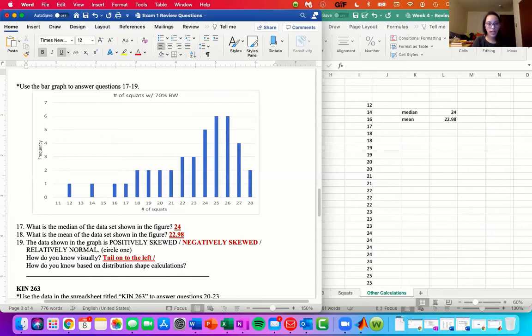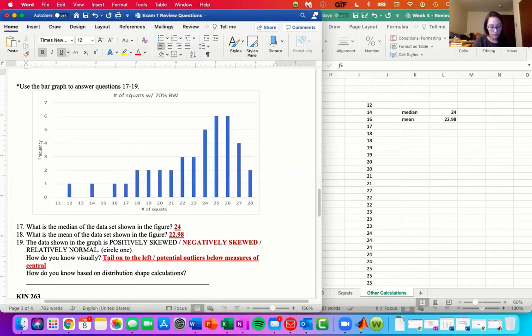You could also say that there are maybe not outliers, because we haven't tested for that, but potential outliers below measures of central tendency. Tail to the left is probably the most common answer I would get on an exam, or tail to the left of the mean if you want to be a little more specific. But this is a visual representation.